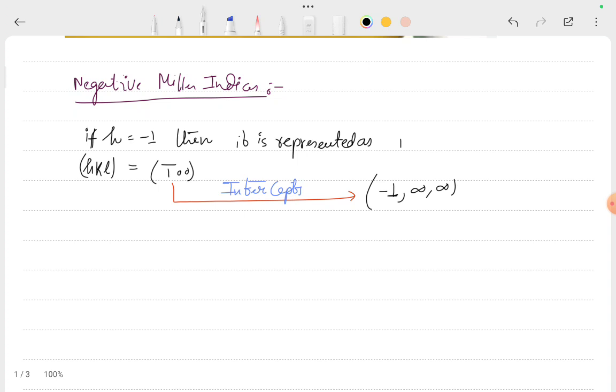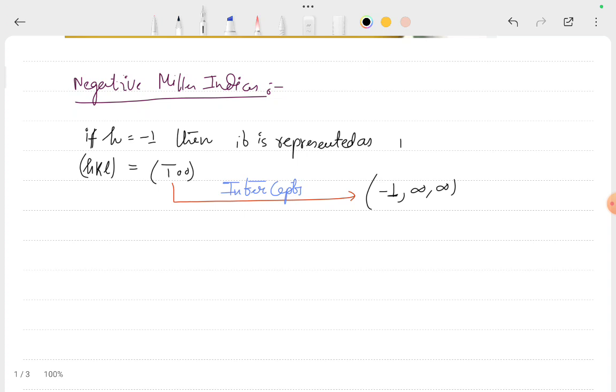Now we sketch this negative Miller indices in a cubic lattice. Before sketching, we try to understand some basic concepts.